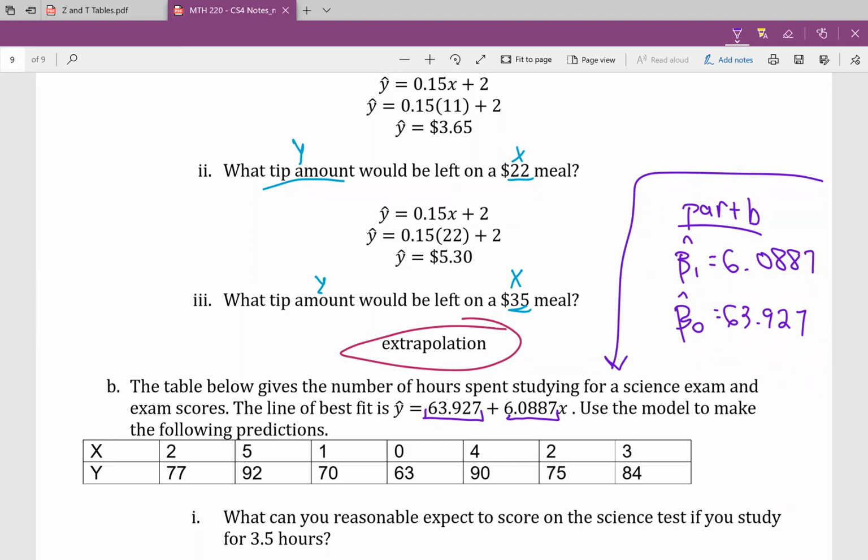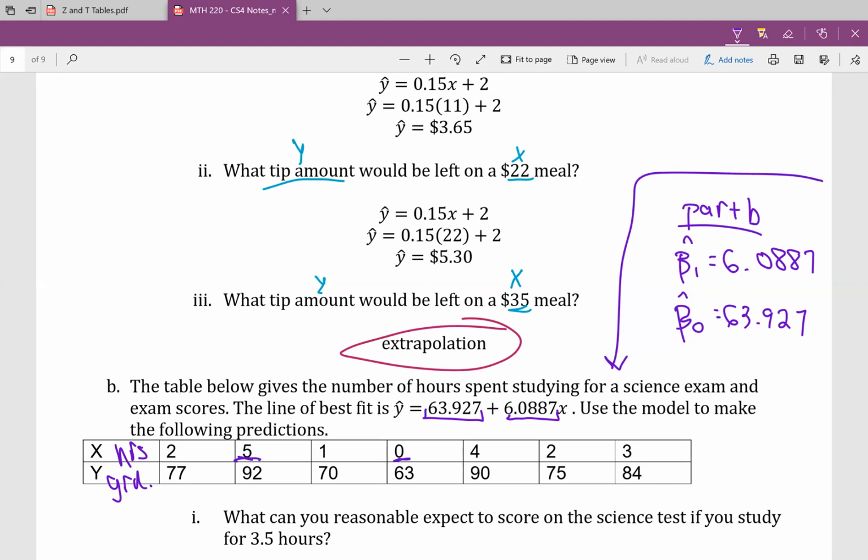Part 1, what can you reasonably expect to score on the science test if you study for 3.5 hours? Okay, so one of the first things you should ask yourself is, can I plug in 3.5 hours? Sure. X is going to be our hours, and Y is going to be your grade. Our X's go all the way from 0 up until 5.